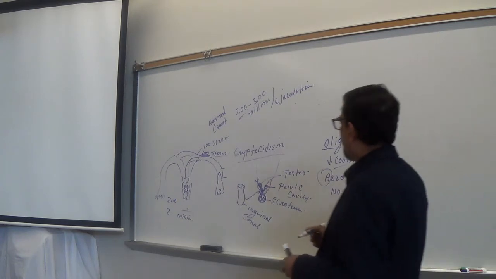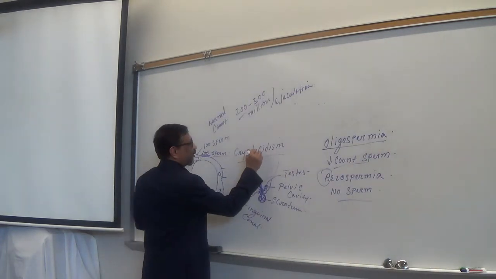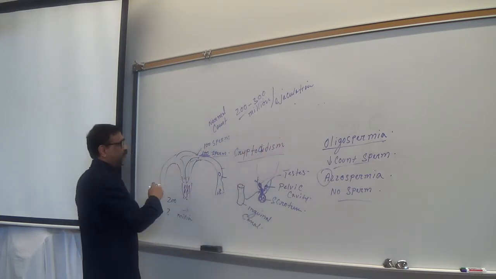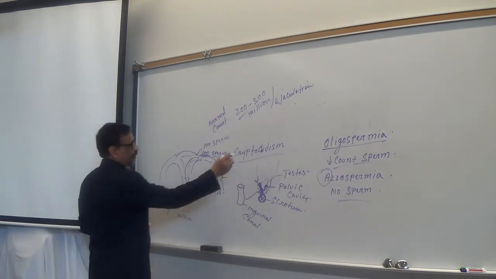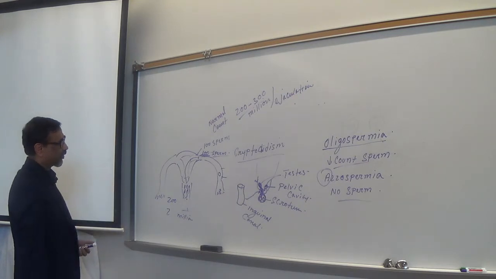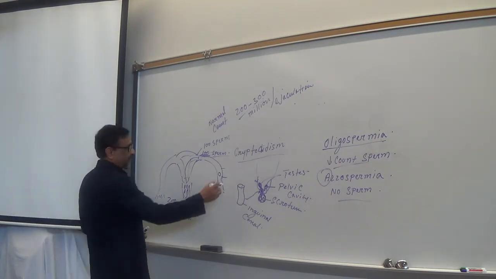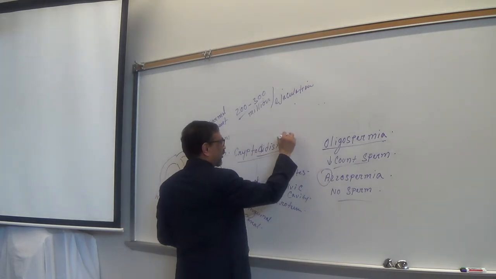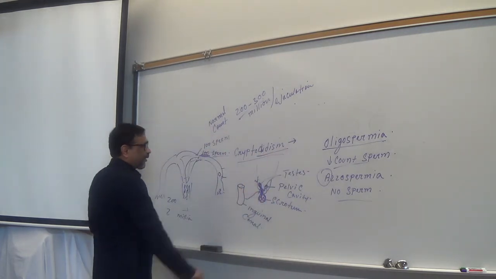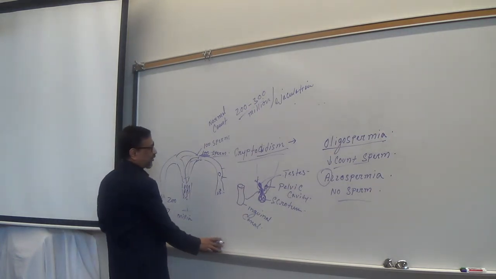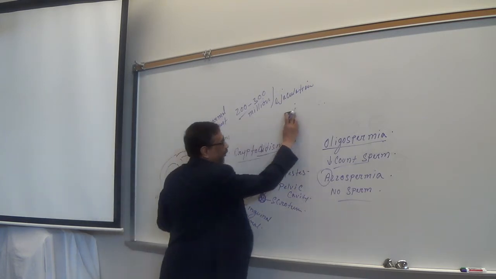You can also say cryptorchidism. Some countries they say it differently, some countries here we use more cryptorchidism. So that's the condition. Undescended testis. Testis is not going to the scrotum, remaining in the body cavity or inguinal canal. Cryptorchidism. Okay.